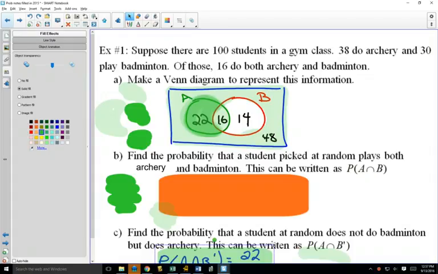If I was looking at or, why not just add those together? Why isn't the answer 68? Why is the answer 52? Because 16 do both. So when you count the 38, you've counted those 16 already. And when you count the 30, you count those 16 again. And so you would have counted that twice.